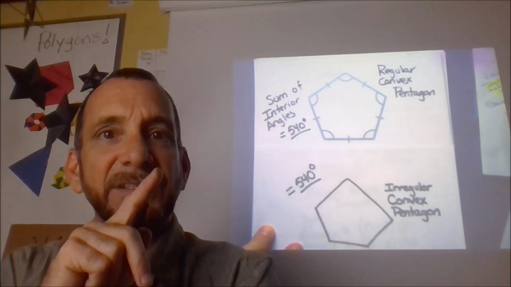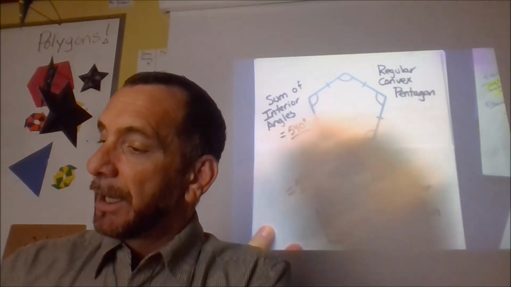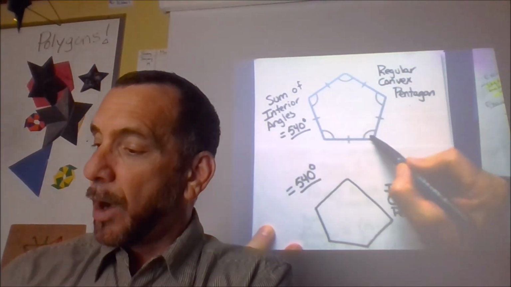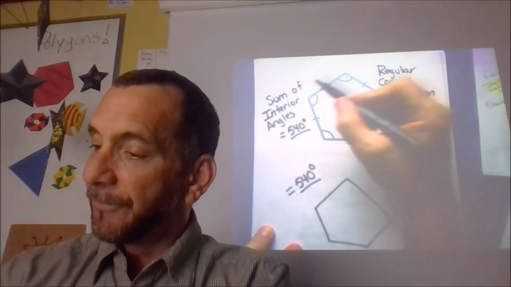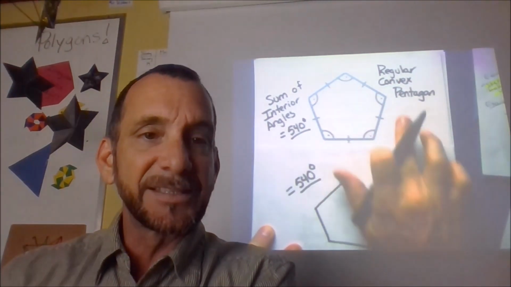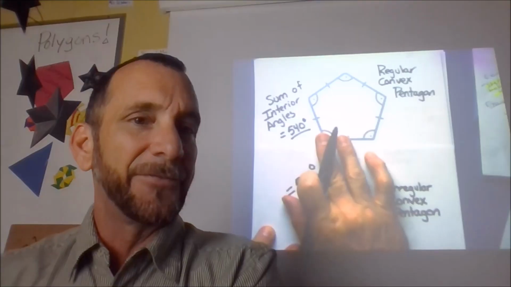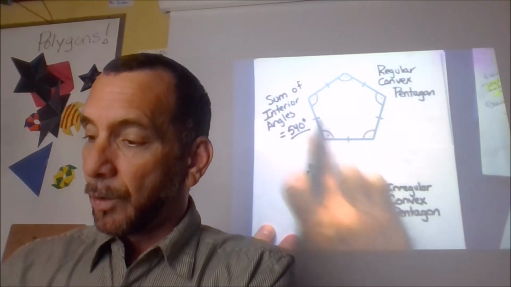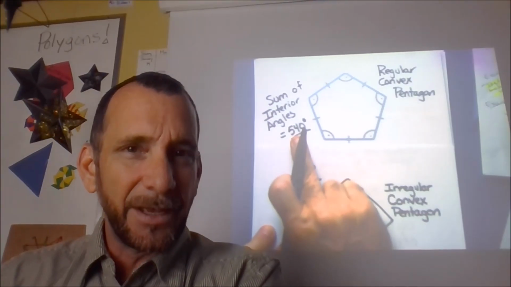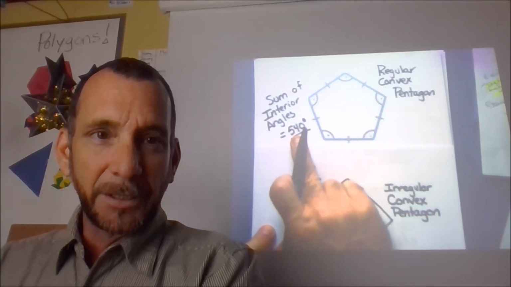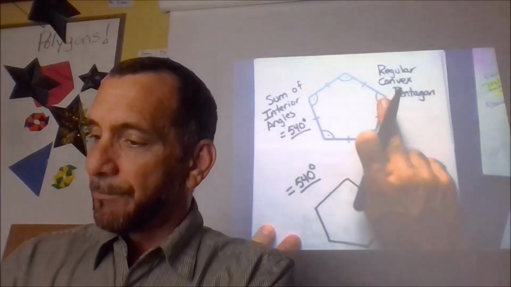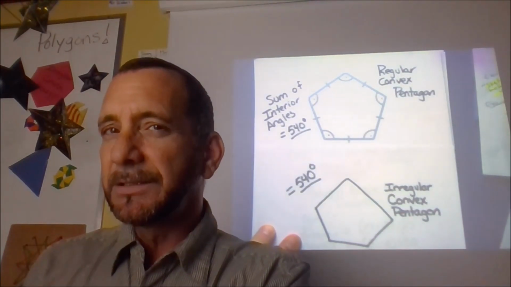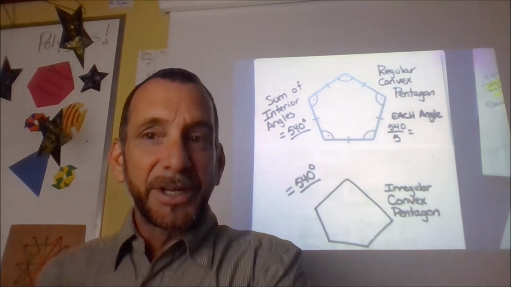However, sometimes we can ask what is the measure of each angle inside a regular convex pentagon. Because they are all equal and they add up to 540, can't we find the measure of each one? And so look at this.